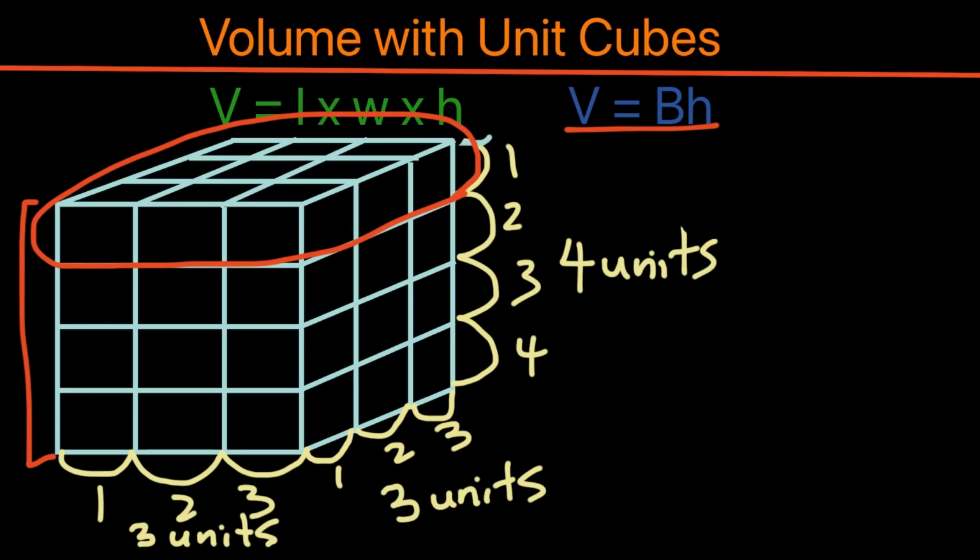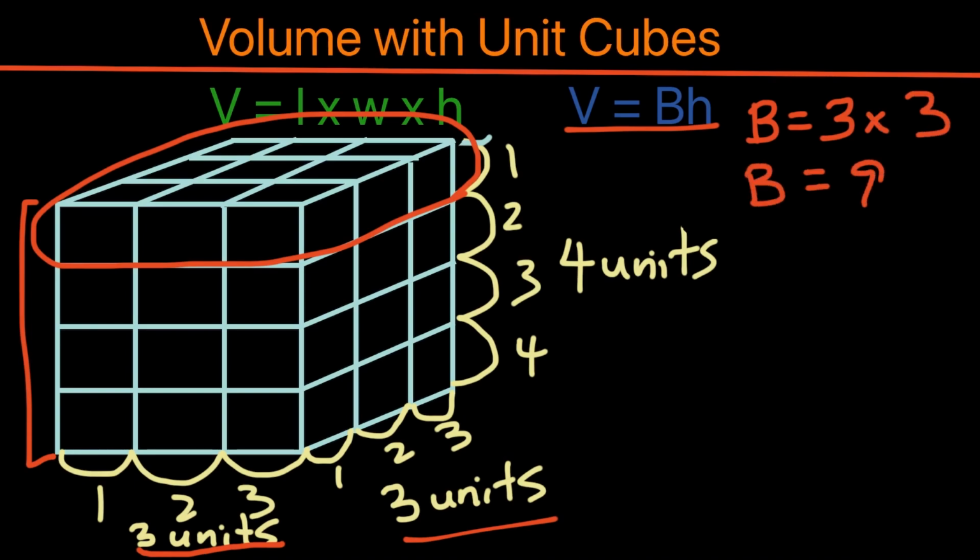So from previous, we already know that the width is 3 units and the length is 3 units as well. So to find the area of the base, it would be length times width. In this case, 3 times 3, and we would get 9 unit square.